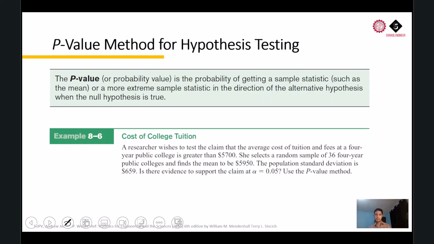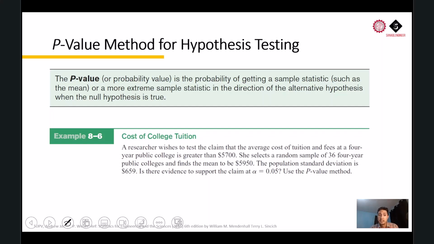So for example 86. A researcher wishes to test the claim that the average cost of tuition and fees at a 4-year public college is greater than $5,700. She selects a random sample of 36 4-year public colleges and finds the mean to be $5,950. The population standard deviation is 659.